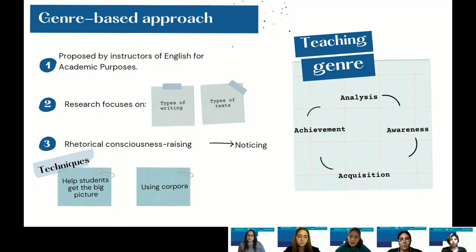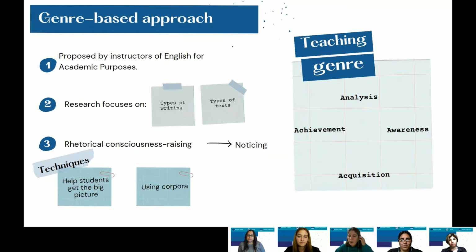So instead of focusing on what is said, we should focus on how it is said. And to do that, we can use two main techniques. One is to help students get the big picture, that is to say, ask themselves, is this text condensed or elaborated? How is the use of the personal pronouns in this particular context?